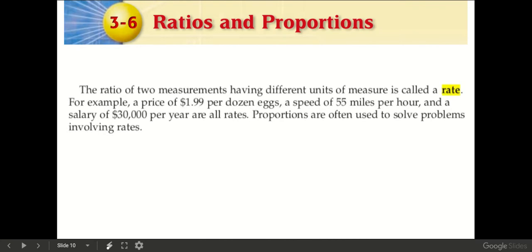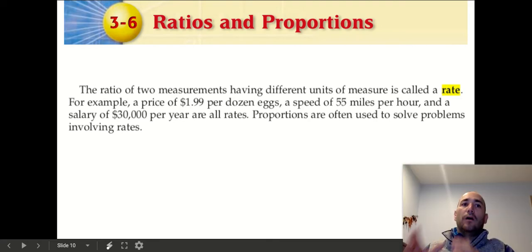Look at the next one. The ratio of two measurements having different units of measure is called the rate. For example, a price of $1.99 per dozen eggs, a speed of 55 miles per hour, and a salary of $30,000 per year are all rates. Proportions are often used to solve problems involving rates. So rate, right? $1.99 for a dozen eggs, right?